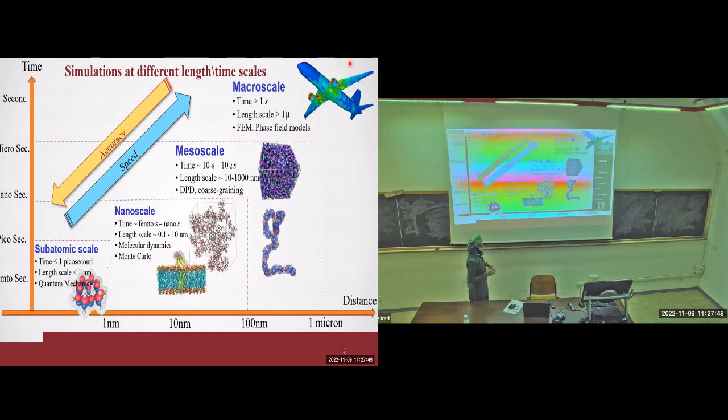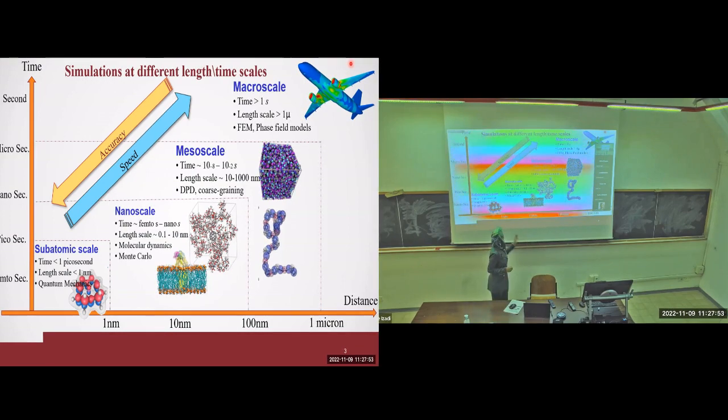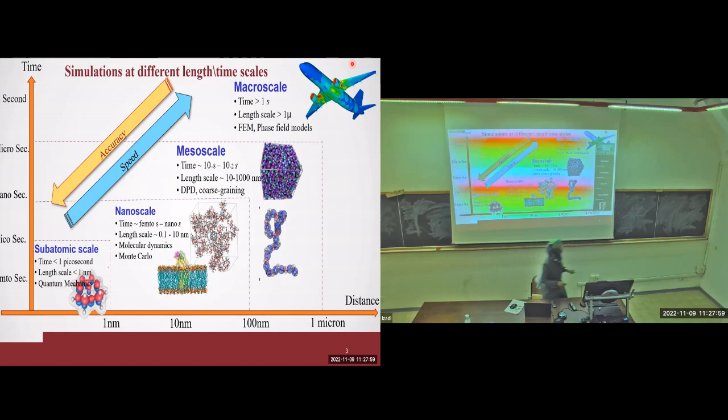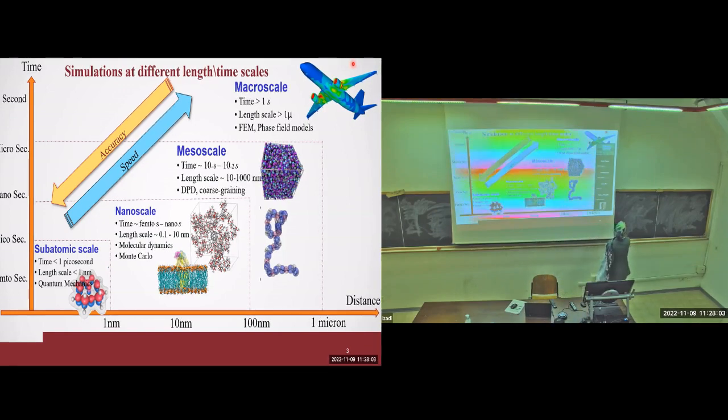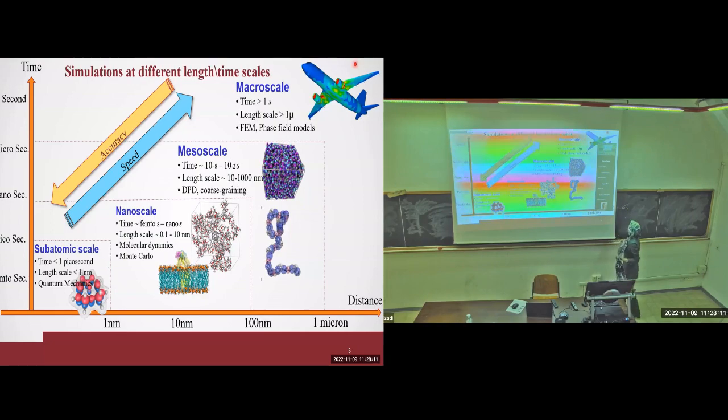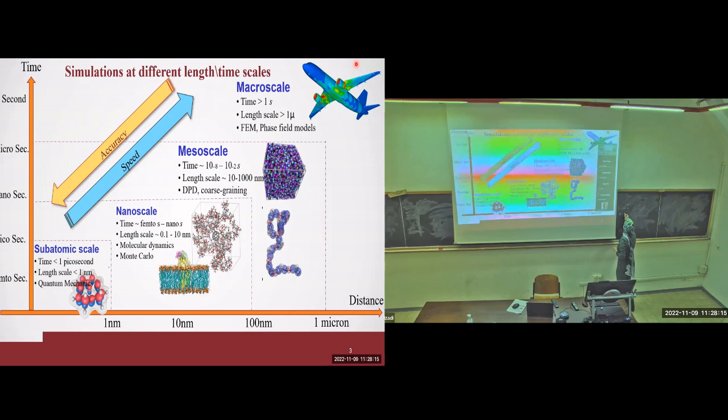But for example, in the nanoscale, we cannot directly simulate, for example, a microsecond. Because in atomistic simulation, in molecular dynamics, our time step is 1 femtosecond, which is 10 to the power of -15 seconds. But 1 microsecond is 10 to the power of -6 seconds.